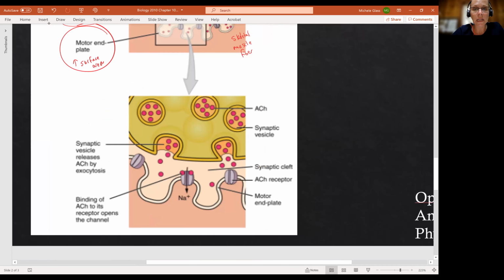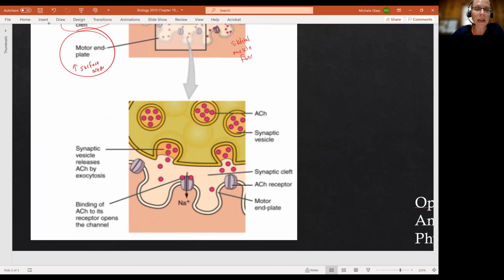Here we see an even more close-up picture of that. We're able to see our synaptic knob, and those vesicles full of the acetylcholine neurotransmitter. This acetylcholine will be released.